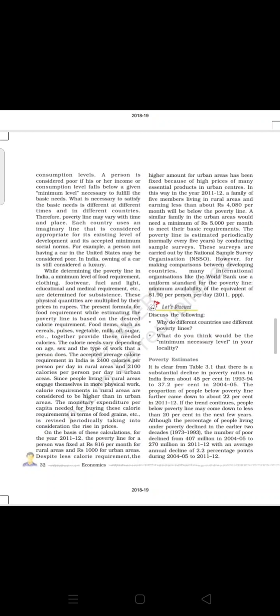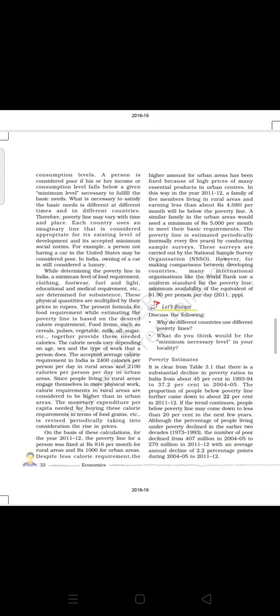The monetary expenditure per capita needed for buying these calorie requirements in terms of food grains, etc., is revised periodically, taking into consideration the rise in prices. On the basis of these calculations, for the year 2011-12, the poverty line for a person was fixed at rupees 816 per month for rural areas and rupees 1000 for urban areas.